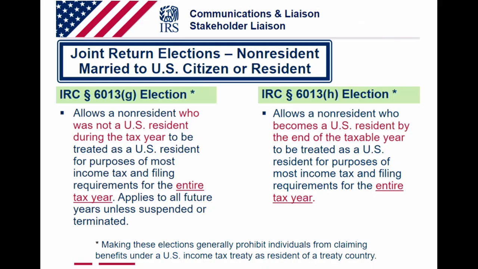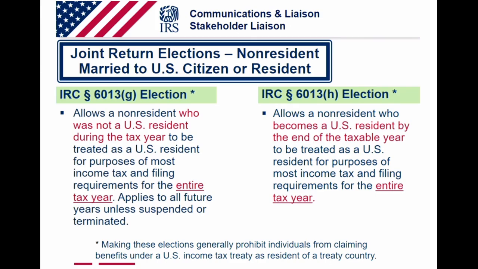And that election applies to all future years unless suspended or terminated, meaning that after filing jointly in the election year, the individual must continue to file as a U.S. resident as either married filing jointly or married filing separately.